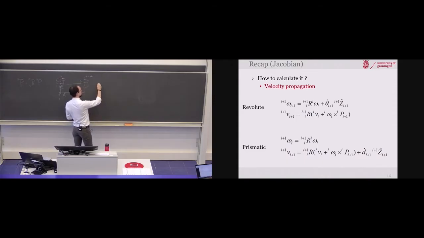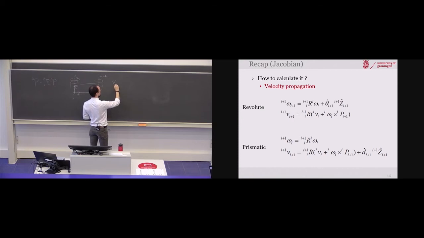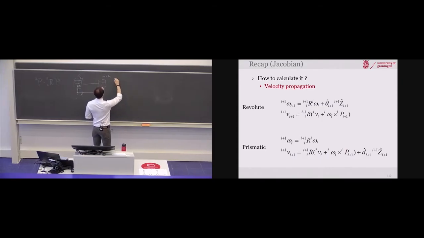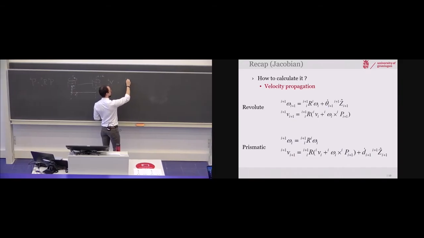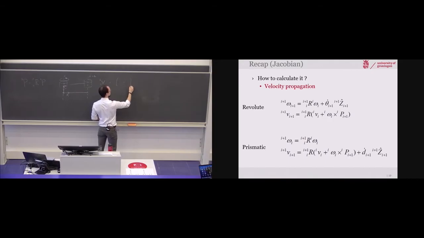When you have the velocity associated from a frame, let's say 4, to 0, you can rewrite it as a big matrix times all the joint variables.